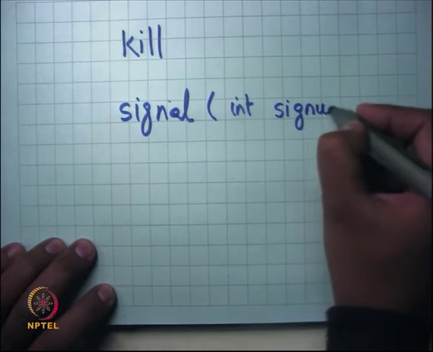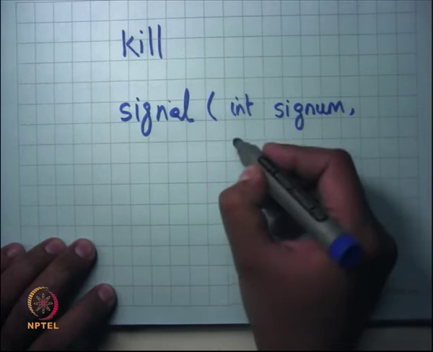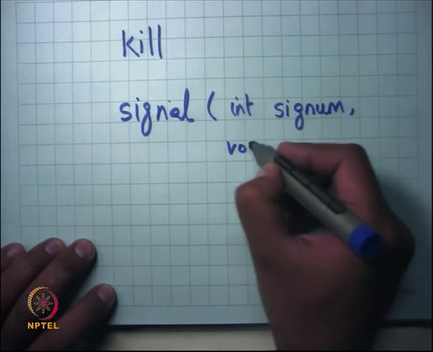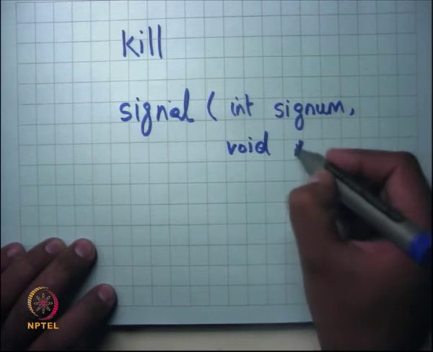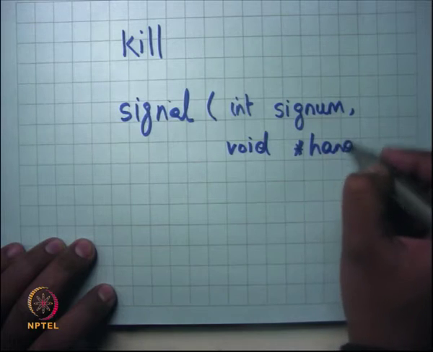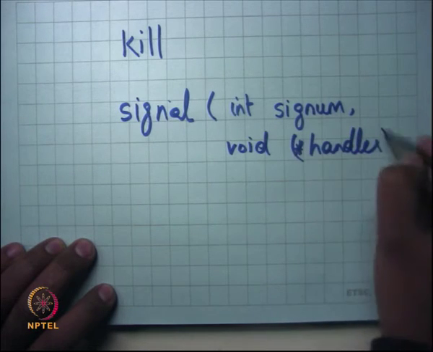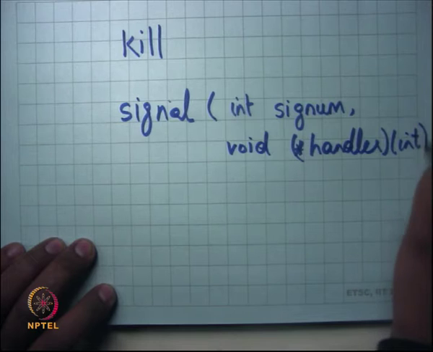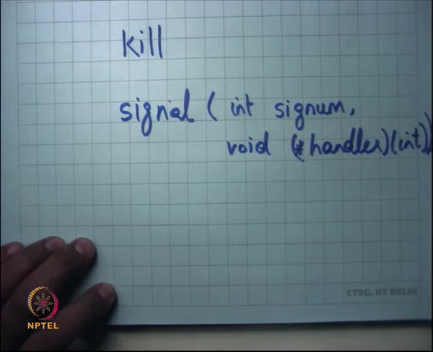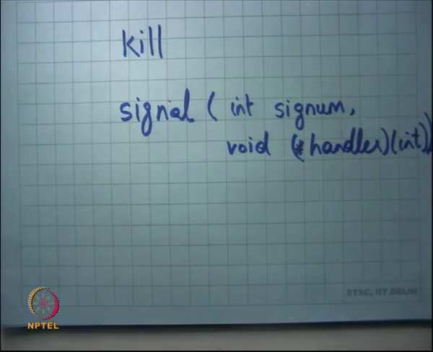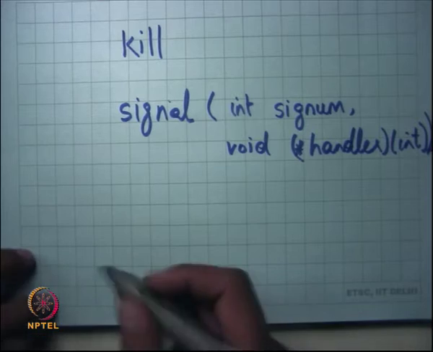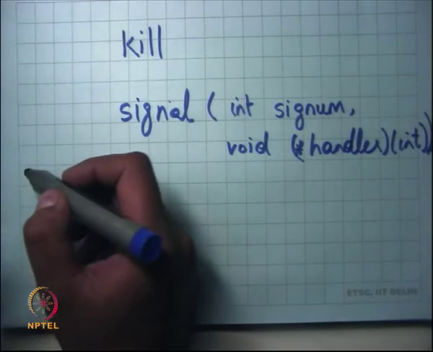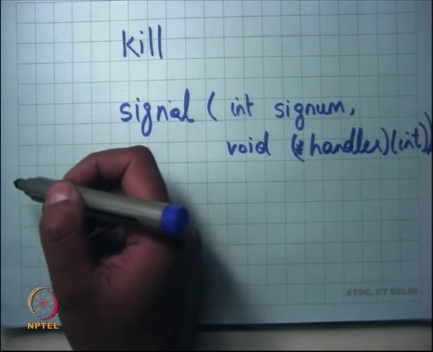The first is a signal number, and the second is a function pointer to its handler. So a process can actually register handlers for signals.